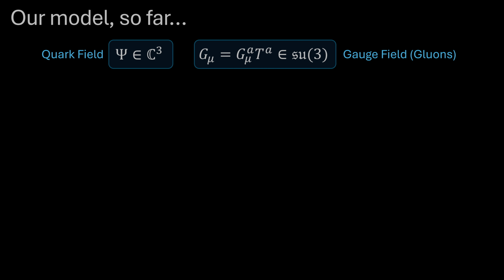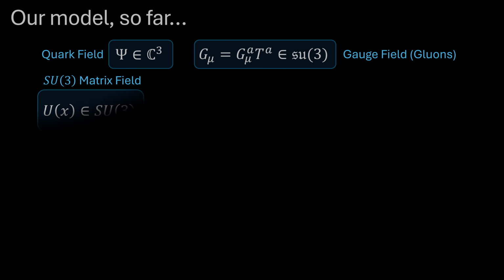So our matter field psi and the gauge field G mu are going to dance together as we hop from one gauge to another. An SU3 gauge transformation is defined by a field of SU3 matrices U of x, which can vary arbitrarily in space and time, although it should be smooth, continuous, and differentiable.